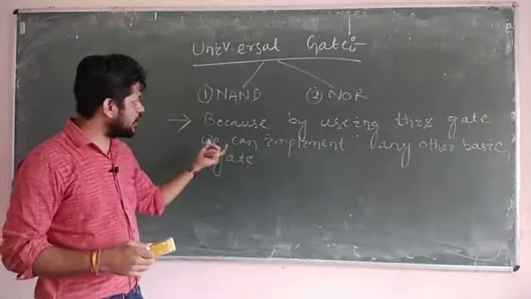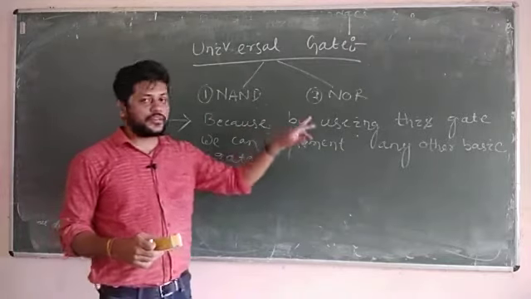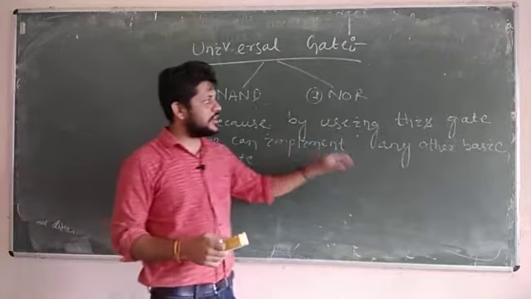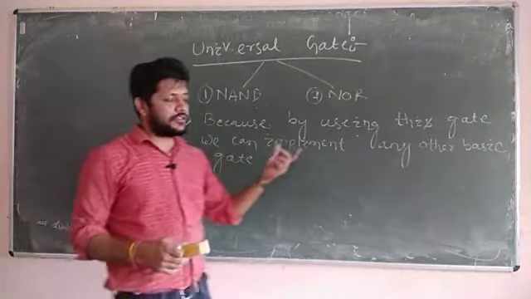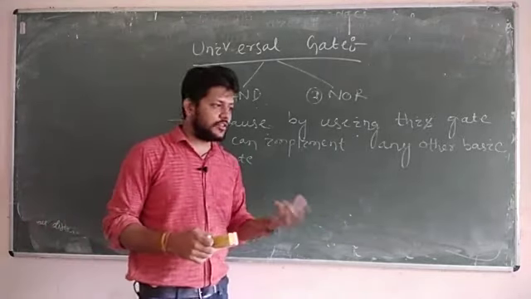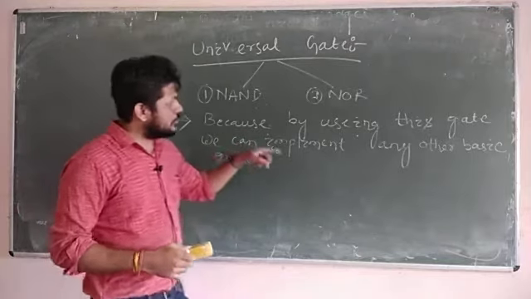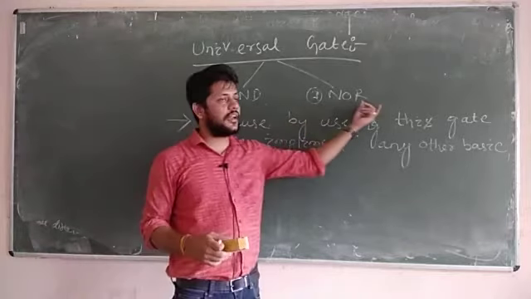See, this question they ask repeatedly in your semester examination. Which gates are universal gates and what do you mean by universal gate? Universal gate means by using this gate, we are able to implement any other basic gate. That means AND gate, OR gate, NOT gate, XOR gate, XNOR gate. We will study about XOR and XNOR later. The above gates we can implement by using NAND and NOR gate.